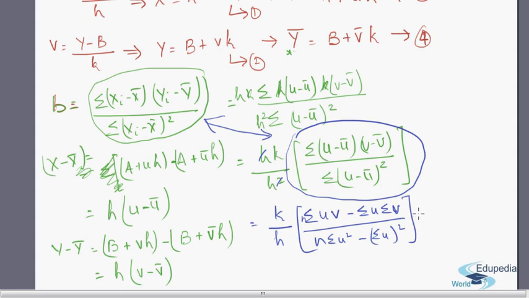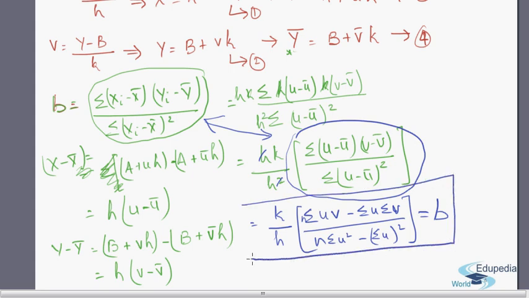So this will be your value for b. This is the shortcut formula to get the value of b in case we use the step deviation, that is when we do both change of origin and change of scale. Step deviation.